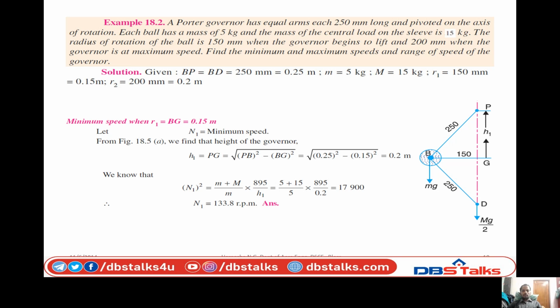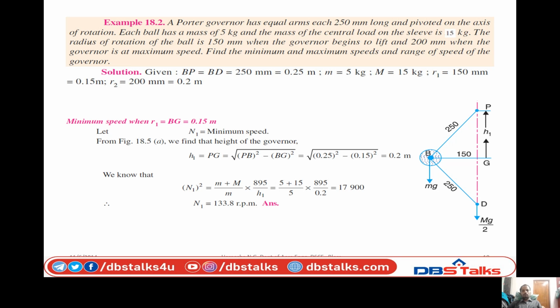PB is the arm and BD is the link. But these two are the same. So we have to join these two on a vertical spindle on the same axis. So BP is an arm and BD is a link. Both are the same, 250 mm and 250 mm, and the angles are also both the same.